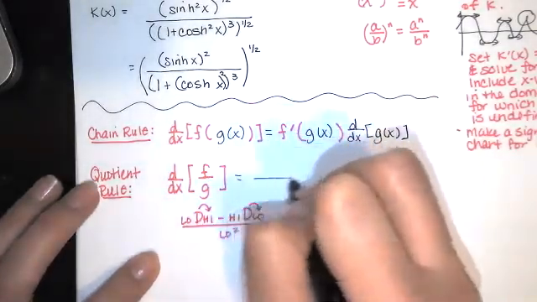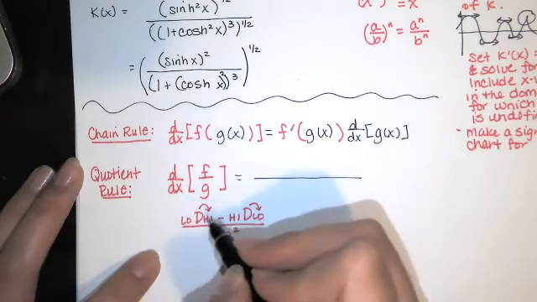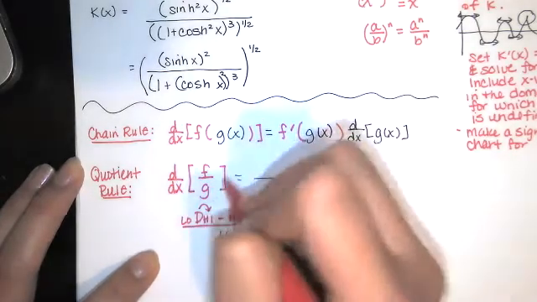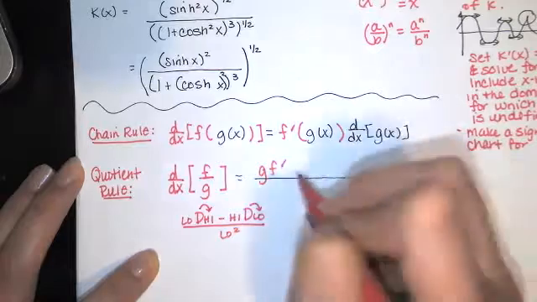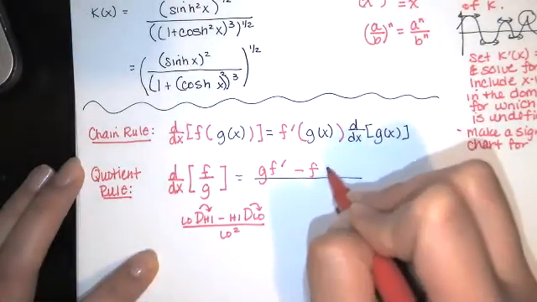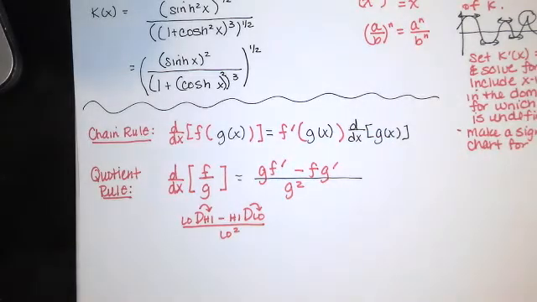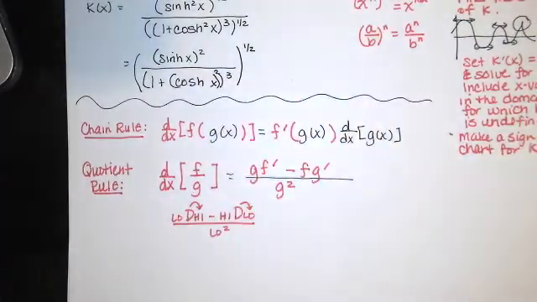That is very helpful when I want to write out the derivative of a quotient. So it's low d high, that's the bottom function times the derivative of the top function, minus high d low. So top function times the derivative of the bottom function over low low, that's the bottom function squared. Okay, so that is our plan.